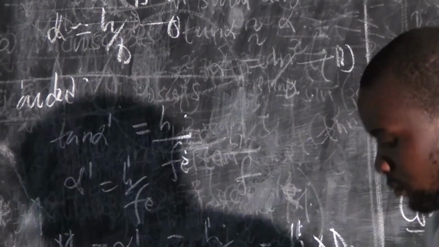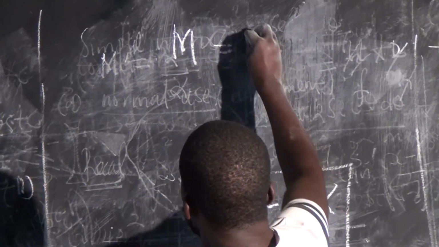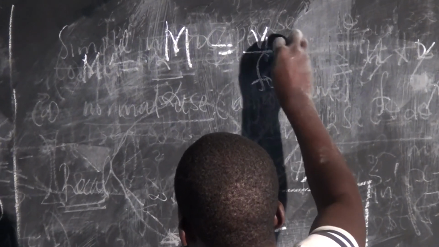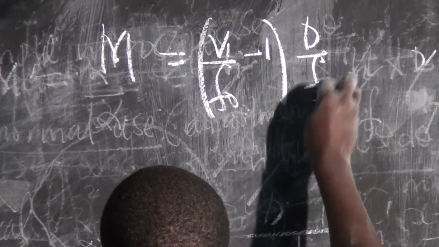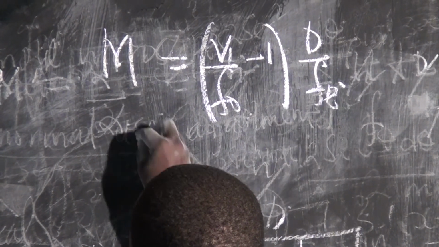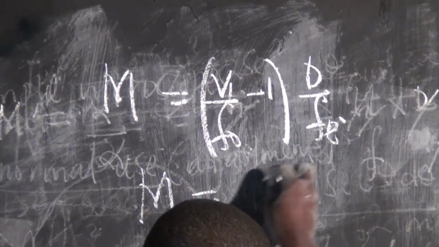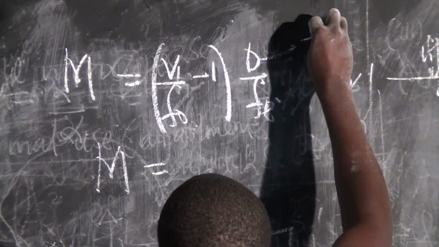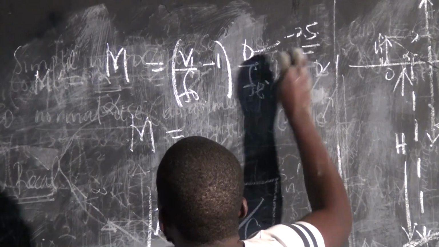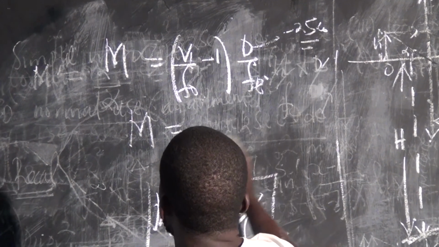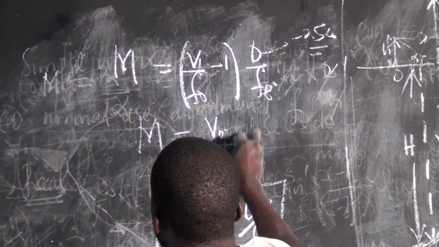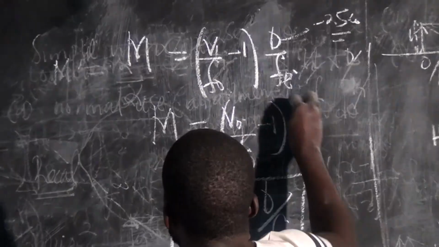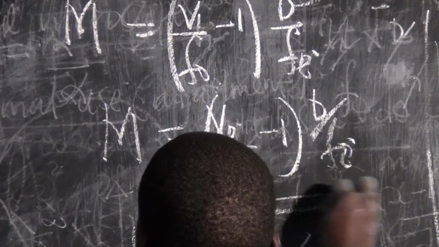So I can simply have V over F0 minus 1 times D over FE. With calculations, you feed in D being negative 25 centimeters. So the V here is the V0 for the objective, minus 1, and I multiply by D over FE.